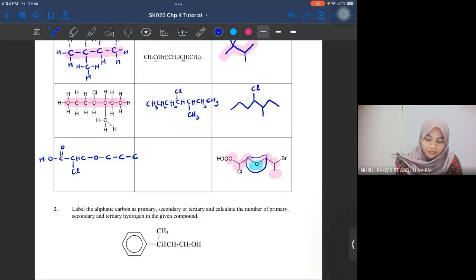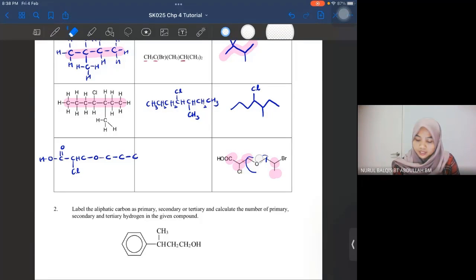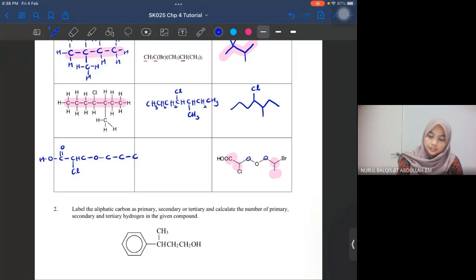Lepas tu carbon number 3, we have how many hydrogens? Yang hold the O tu? Banyak hydrogen dia? Yang ni, berapa banyak hydrogen dia? 1. Satu. Sorry. Yang ni adalah expanded kan? Silap lah. Okay, expanded kena show lah. Carbon sekeliling dia ada 4 bond.